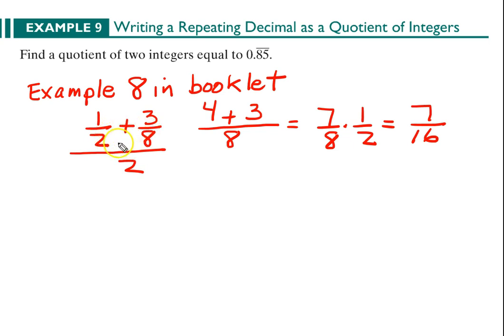So in order to add these tops, we have to multiply this by 4 over 4 to get it to be an equivalent fraction with the denominator of 8. So 4 times 1 is 4, 2 times 4 is 8. So we got 4 plus 3 over 8, which is 7/8. We're going to find the number halfway between it, which is 7/16. So that'll wrap us up. And we did lots of good things here.